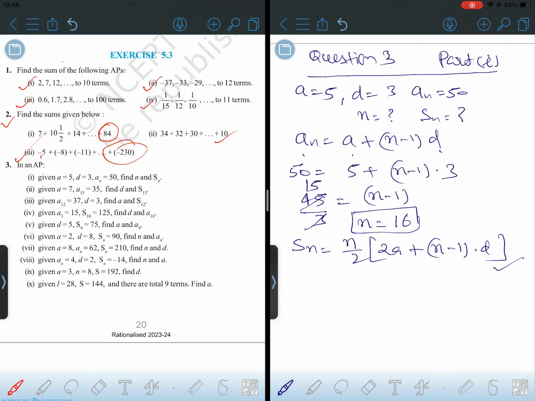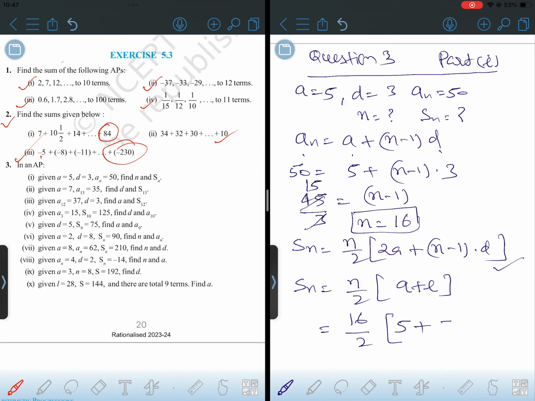Or you can use the formula Sn is equal to n by 2 in bracket a plus l. The value of n is 16 upon 2, the value of a is 5 and the last term is 50.